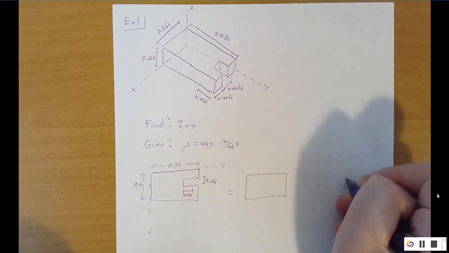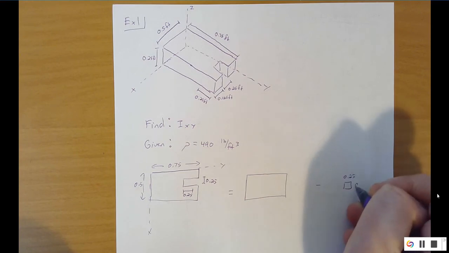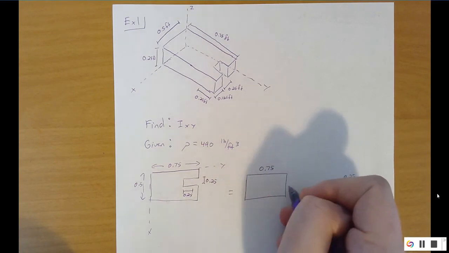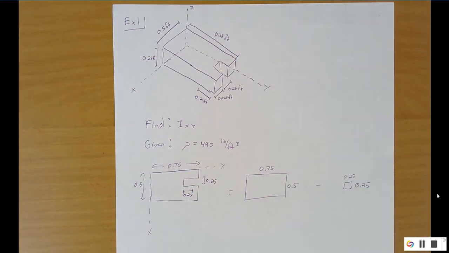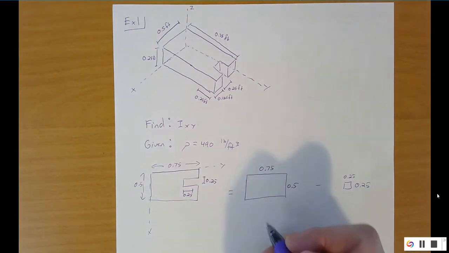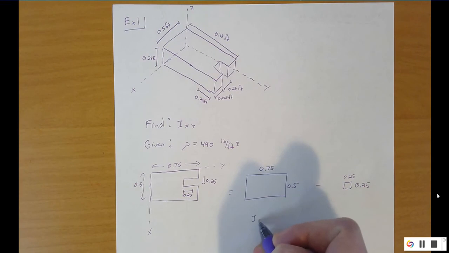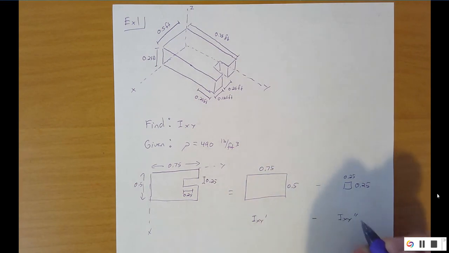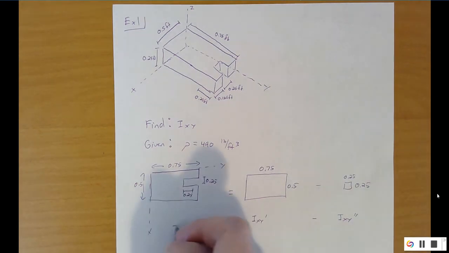So this is going to be 0.25 and 0.25. This is going to be 0.75 and 0.5. So rectangles and squares, really easy. So making our life easy. And so what we're going to have here is some IXY prime minus some IXY double prime to get our IXY.